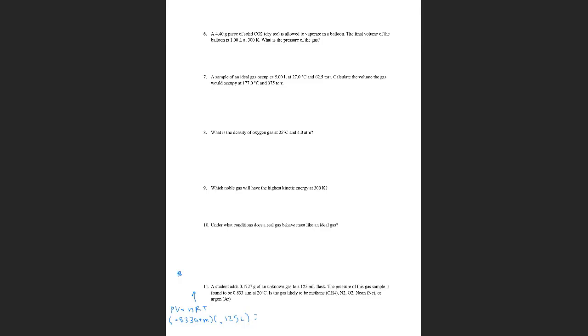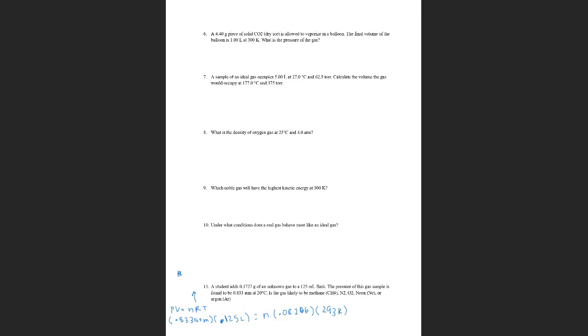So that's 0.125 liters, and then we have n, which we're solving for, and then our R is 0.08206. And what's our temperature? Yeah, it's going to be 293 Kelvin.